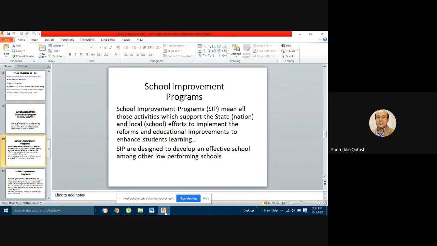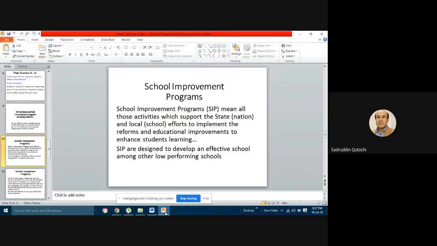For example, the missing elements in your school which can play a significant role in improving students' learning could be a library. If your school has no library, then you need to install a fully equipped library in your school, and that will definitely enhance students' learning.